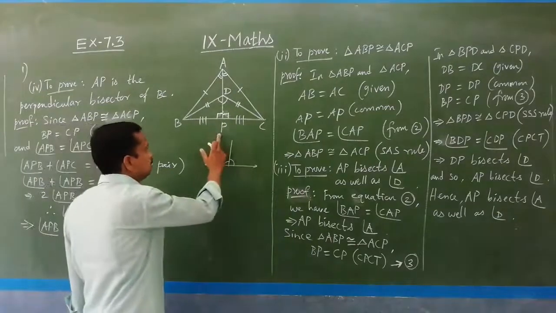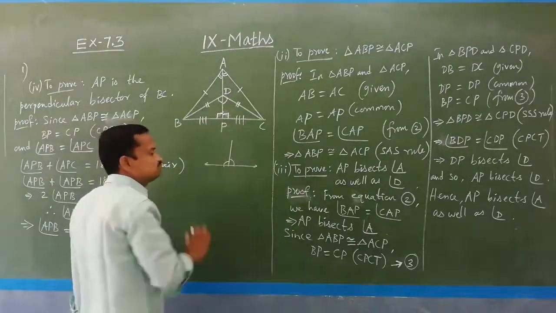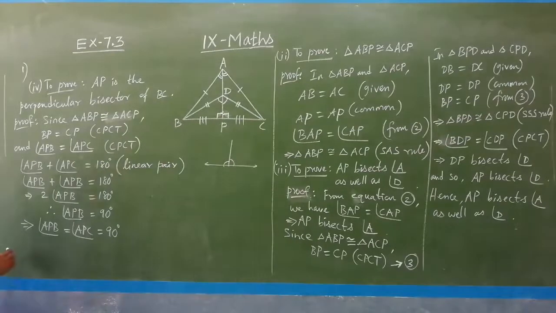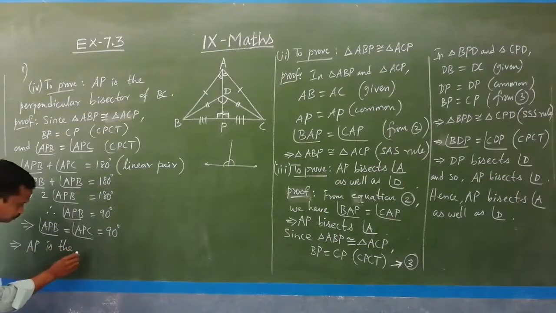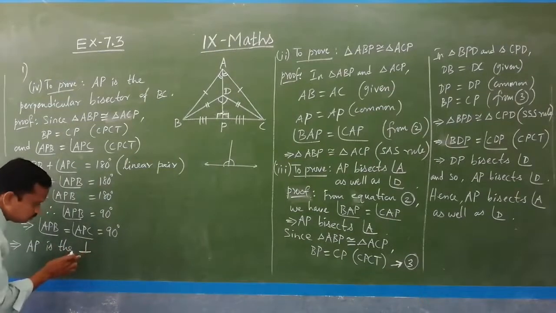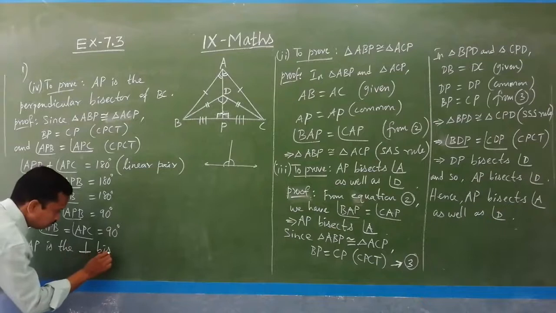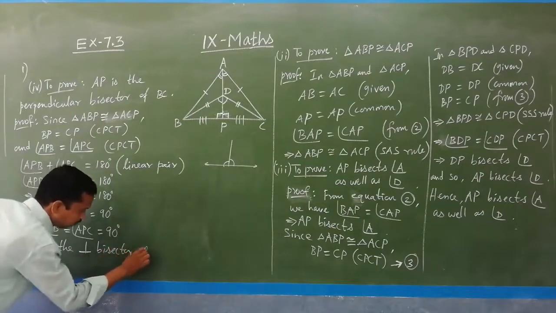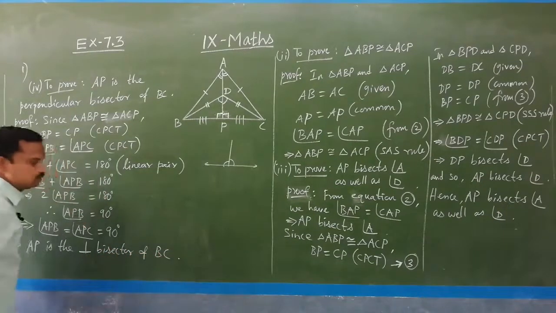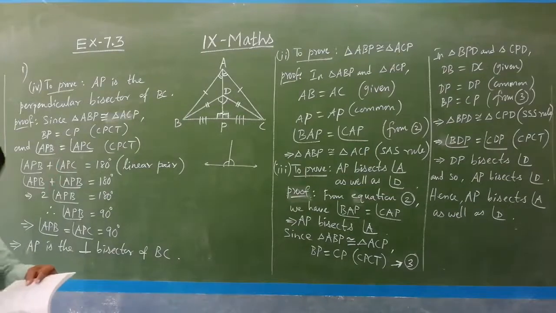Therefore AP is the perpendicular bisector of BC. This symbol stands for perpendicular. So like that we can easily prove it. That's all.